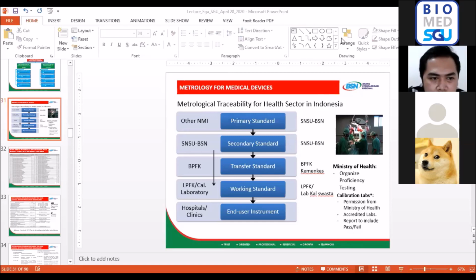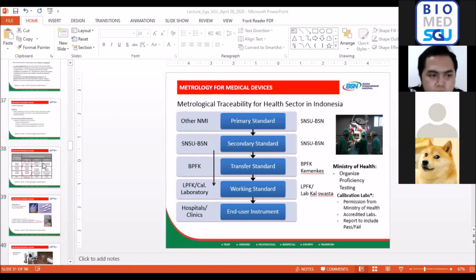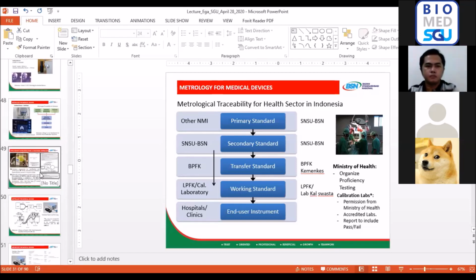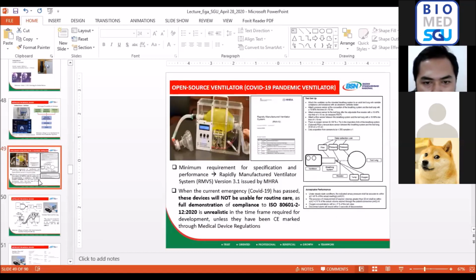Thank you for your presentation, Pak Andira. You showed here that in our pandemic situation of COVID-19, we need more ventilators. In case a university can design a certain ventilator, what do they have to do so that this ventilator can be used in the hospital? What is the procedure? What is the question, Pak Maruli? For example, SGU wants to design a certain ventilator. Before they can apply to the hospital, what procedure do they have to follow?